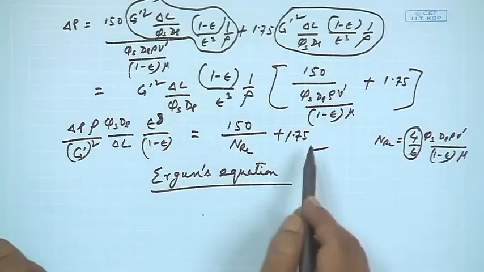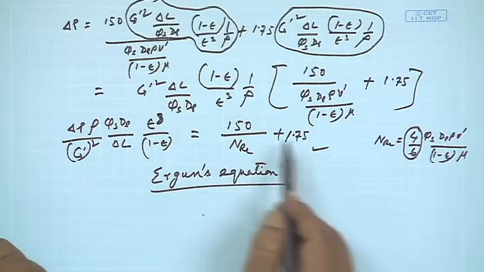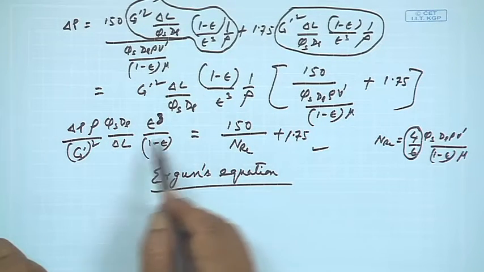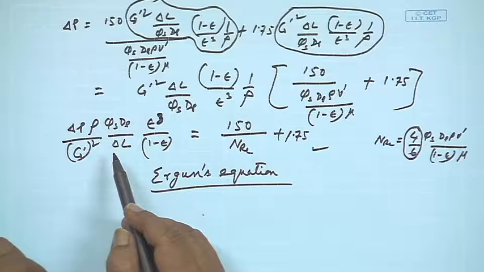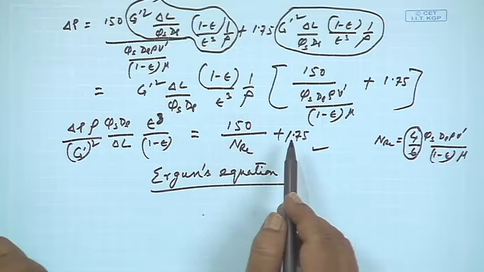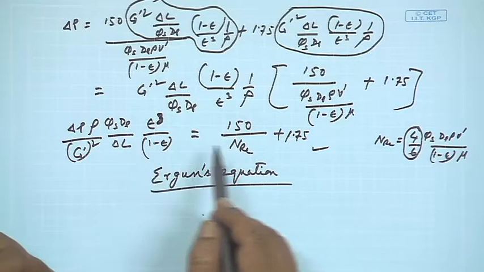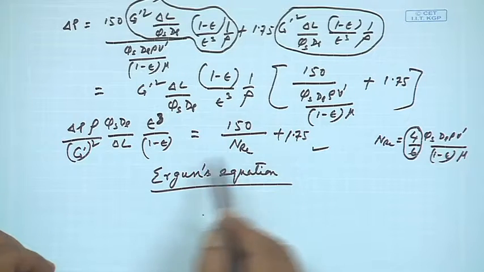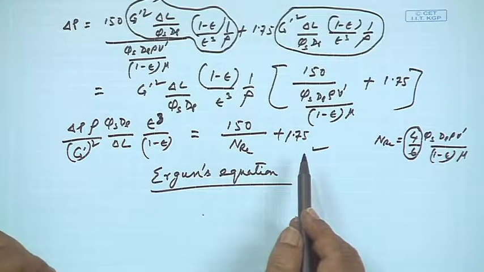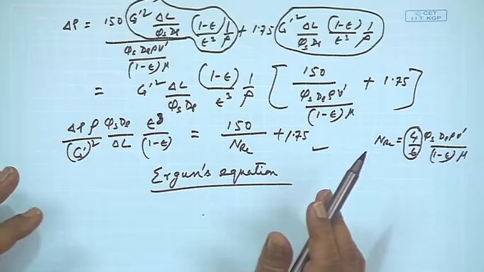Now, you see this Ergun's equation, when you are using the whole expression, between 10 and 1000 anywhere it is applicable, or even less than 10 and greater than 1000 also it is applicable.